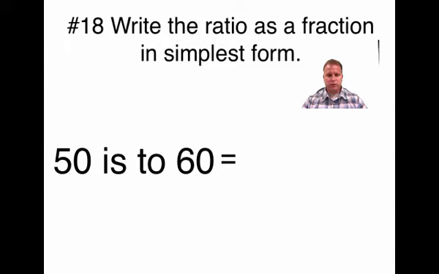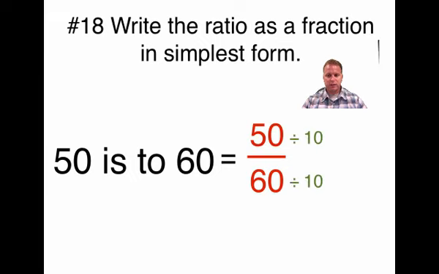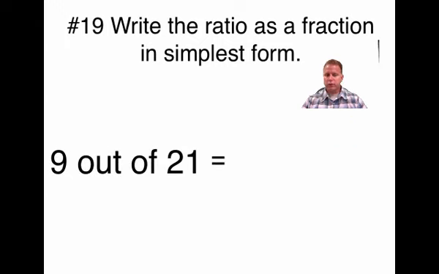Write this ratio as a fraction in simplest form. 50 is to 60. Okay, so 50 over 60, divide both by 10, we get 5/6. 9 out of 21.